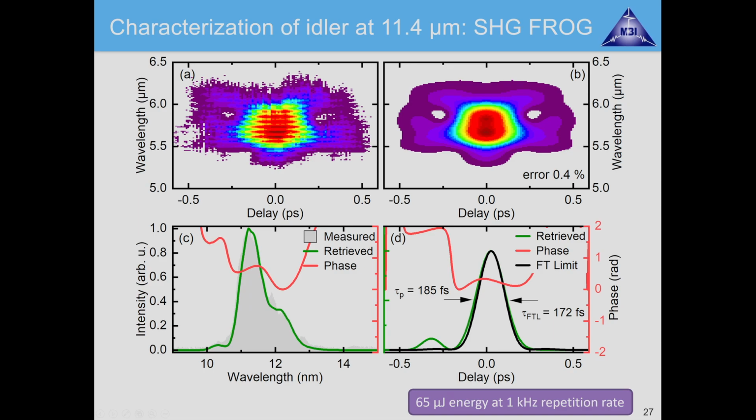Here you can see that we could reconstruct this trace with an error of 0.4%, and the reconstructed spectrum nicely coincides with the measured one, and happily we reconstruct the same pulse duration as we had with the autocorrelation trace before.